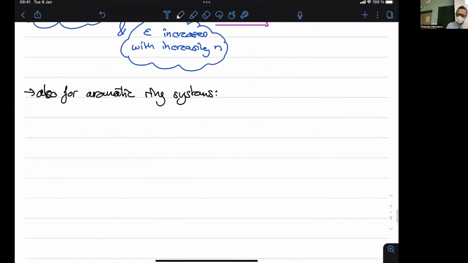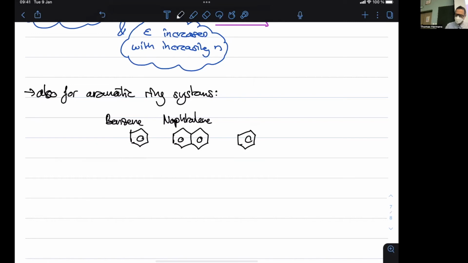For example, if we look at benzene, this is benzene. Naphthalene. Anthracene.